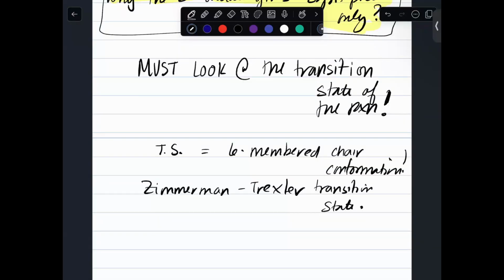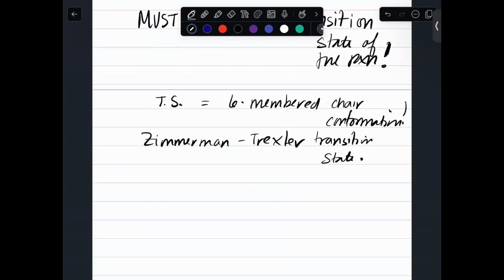So I'm going to try to draw it as slowly as I can and color code things to make sure that you can see where the connectivity is occurring. But again, you need to see things three-dimensionally. So please, if you can't see it, come see me, because we're drawing six-membered rings. We're going to start off with our Z-enolate.